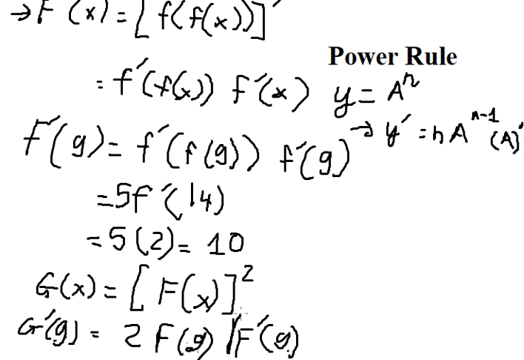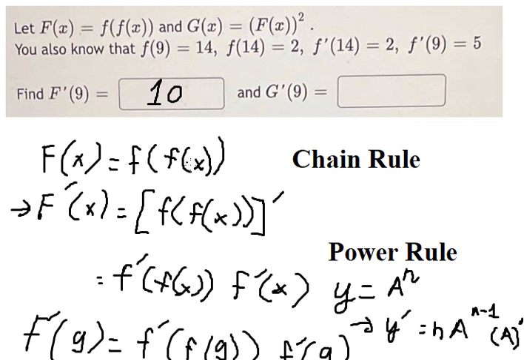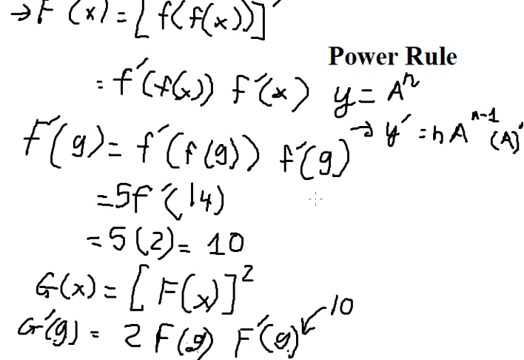So we know that this one we just calculated, and that is about number 10. Now we have capital F of number 9. So we put number 9 in here.